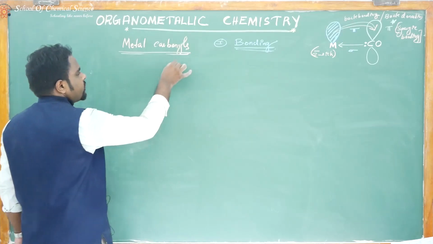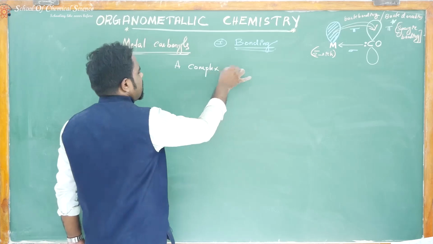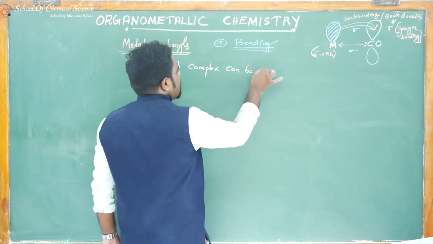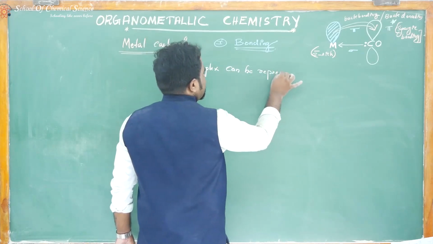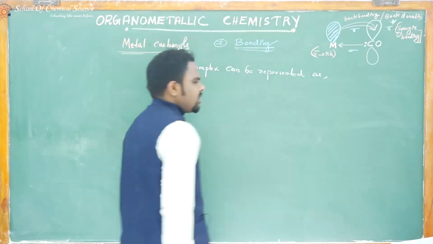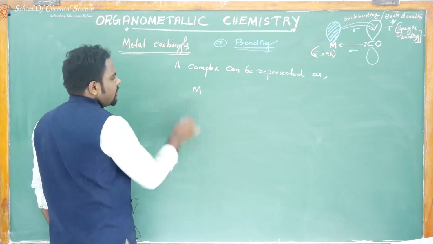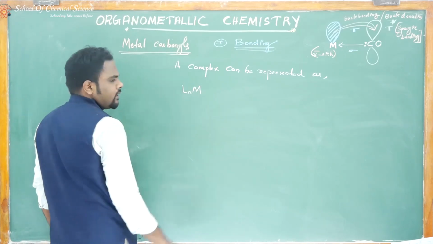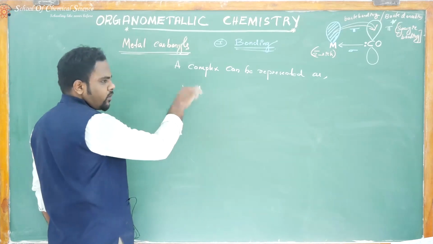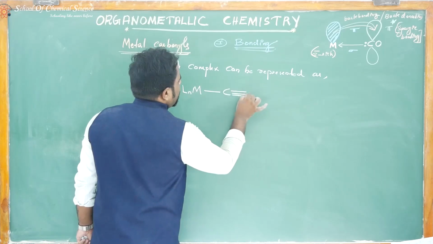A complex can be represented as follows. This is the metal. Here n ligands are surrounded by the metal, and this metal is connected to a carbon monoxide ligand.